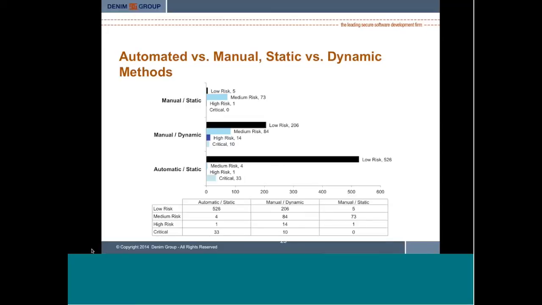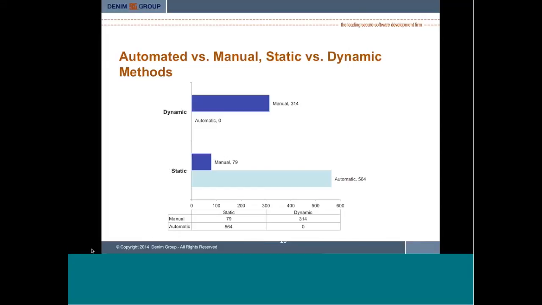Now, if we drill in and look at the automated versus manual, static versus dynamic, an interesting thing here is that our automated dynamic analysis did not identify any vulnerabilities in the data set. And I think there's two things that fed into that.